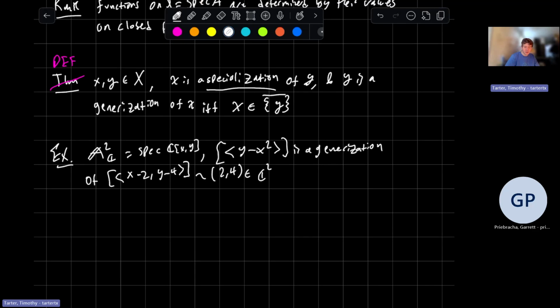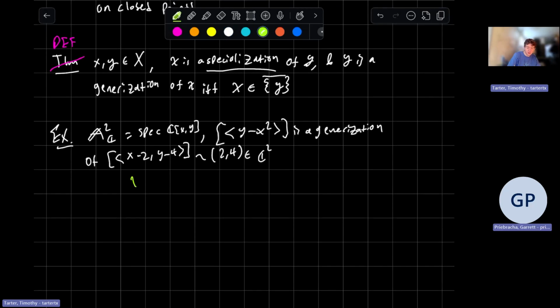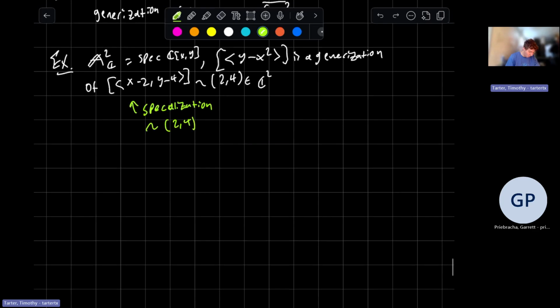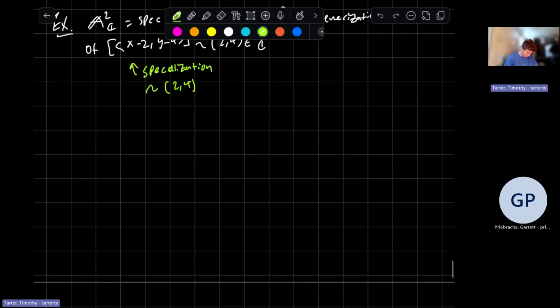Oh, duh, it's a specialization. This is a specialization of the first point. That makes so much sense, actually. It's specializing it to correspond to (2, 4), whereas this is an entire curve of things that vanish, and it happens to share (2, 4). Okay.